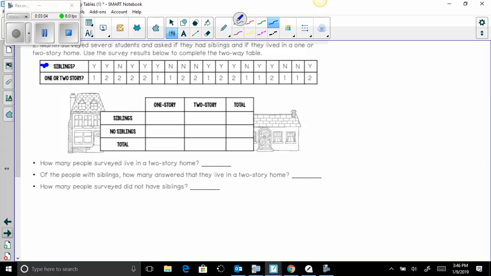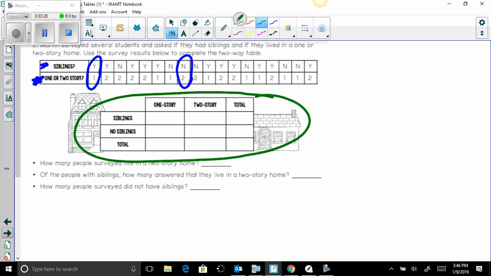The top one asks if we have siblings, so yes, I have a sibling or no. And the bottom one tells one or two-story home. So this one right here says, yes, I have a sibling, and they live in a one-story home. This one right here says, no, I don't have a sibling, but I live in a two-story home. So we need to go through and figure out what is going to go in my table down here.